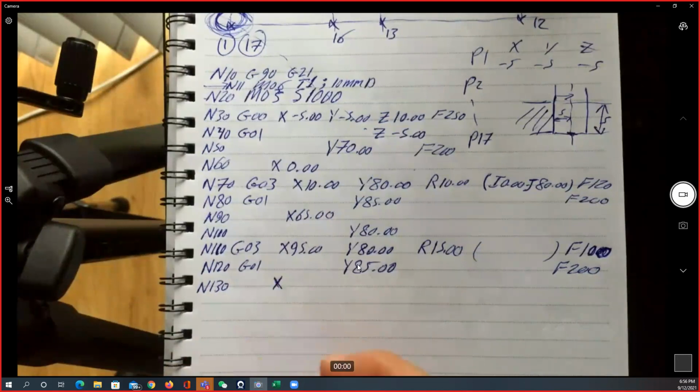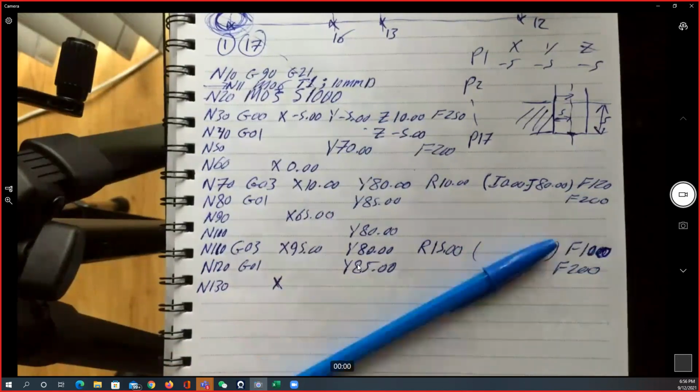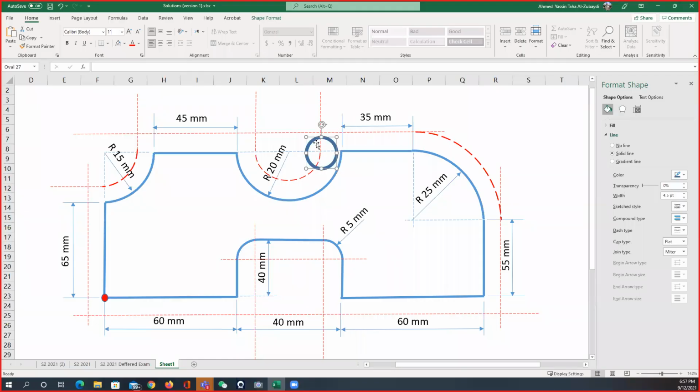And this X is going to be equal to 135. Now, how did I calculate that again? 15 plus 45, that's 60, plus 40, this will make it 100, plus 35 to here.